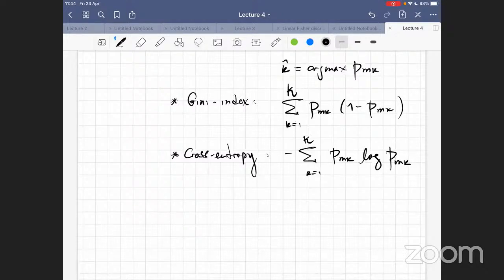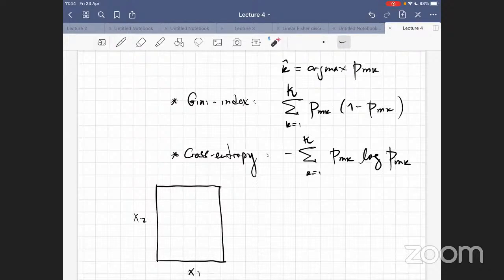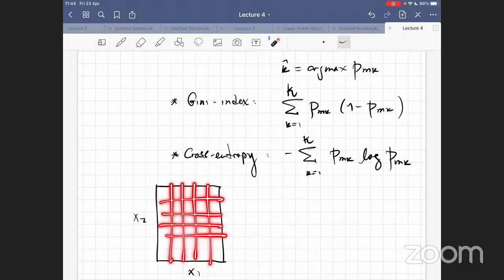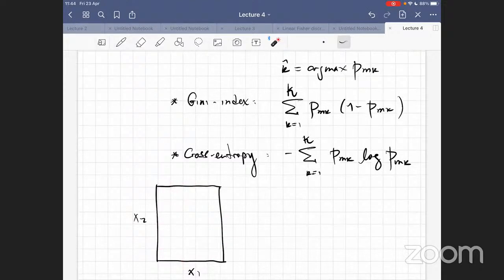Sorry, Brian. Yes. I still don't understand how you do the first split. For example, do you have the x1 axis to choose your split? So imagine that I have this grid of points, and I am using the background of my nodes here. So this is the grid, right?